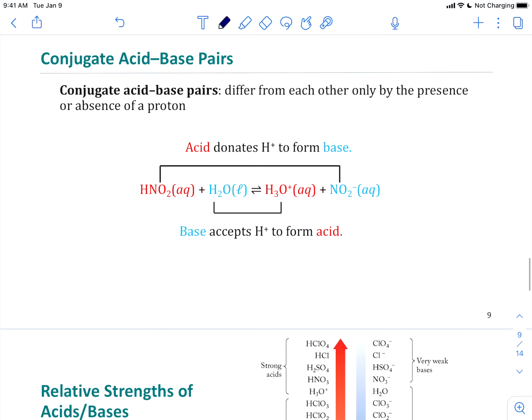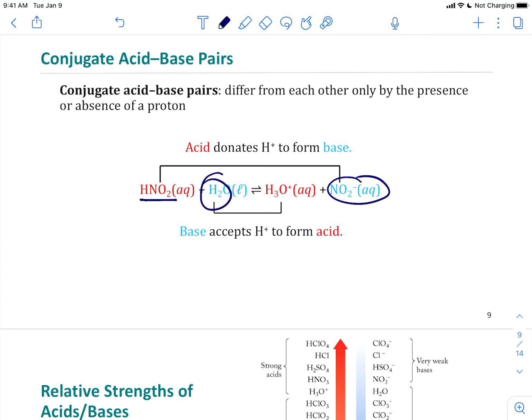Okay, so as I mentioned, anytime you have an acid-base reaction, you have acid-base pairs. So we have the acid, we call the base that's formed from the acid reacting the conjugate base. So here's my acid. This is the conjugate base. It's always removed one hydrogen. That's what makes it a conjugate. One hydrogen removed.